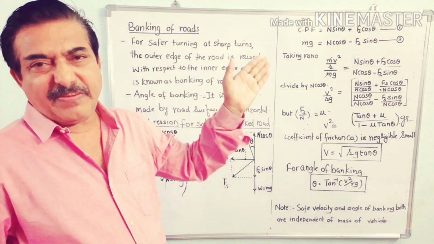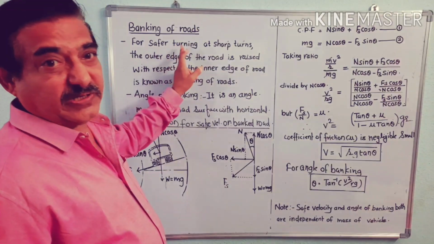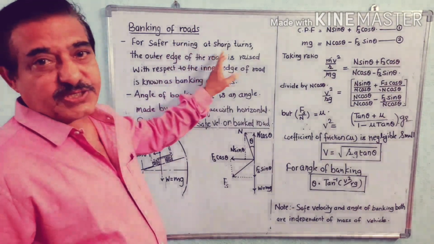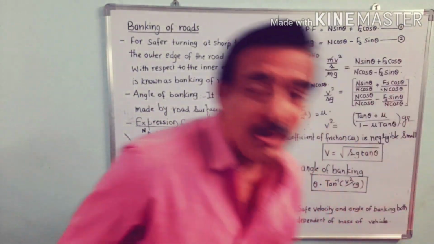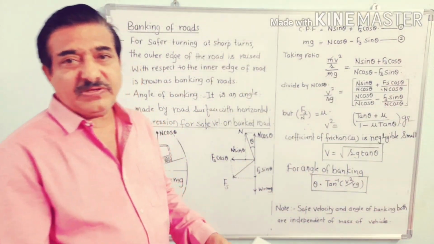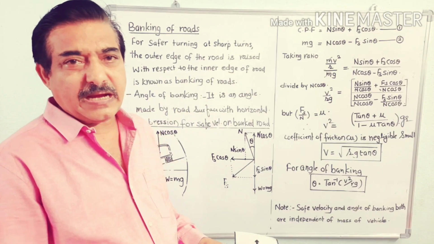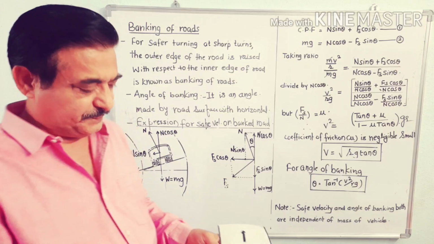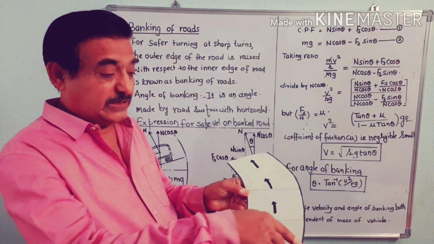So, what is meant by banking of road? For safer turning at sharp turns, the outer edge of the road is raised with respect to the inner edge of the road. That is called banking of roads. Let us suppose this is the inner edge of the road, this is the outer edge.